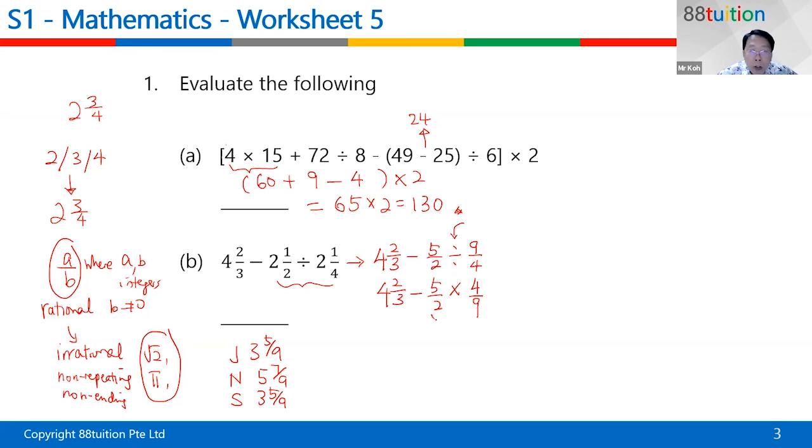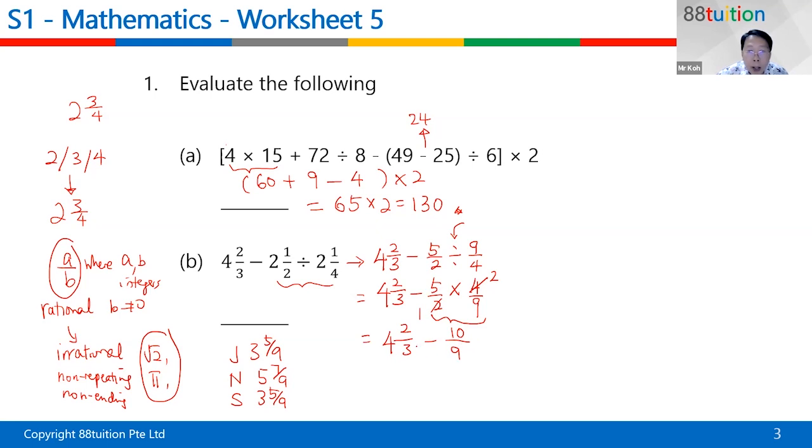So the other operations we do first. So if we can reduce this, we reduce this, that will be 1, that will be 2. Can we reduce anymore? Cannot. So the next step will be 4 and 2/3 minus 10 over 9. Okay, so 10 over 9 will be like 1 and 1/9.